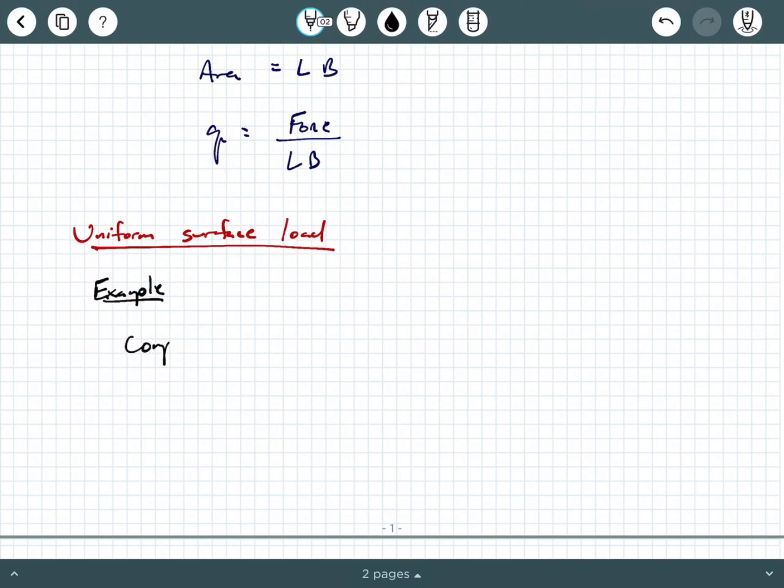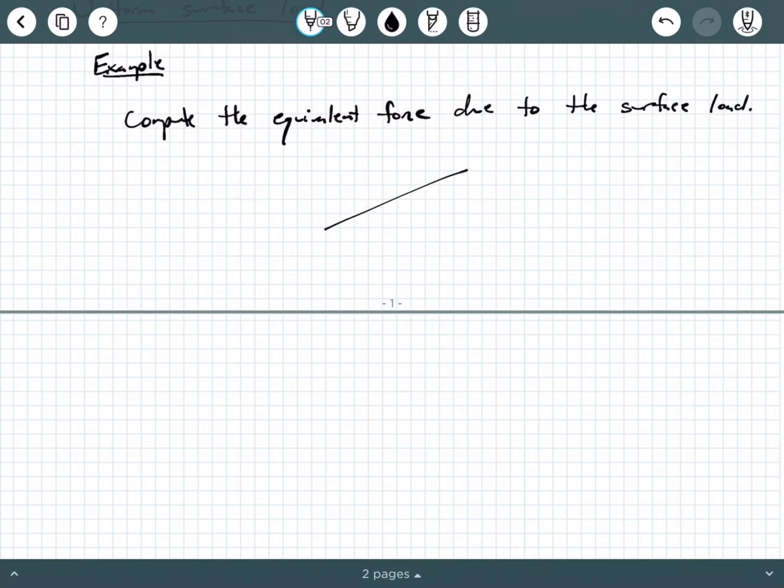And we're going to say we want to compute the equivalent force due to the surface load. And we're just going to look at a simple rectangle. So let's say we have this rectangular area. Maybe it's a slab, or maybe it's a roof slab, who knows. And let's say that it's 8 feet by 10 feet long.